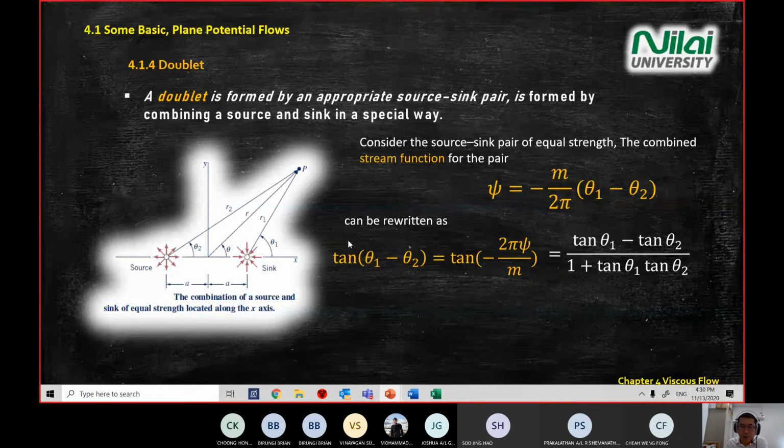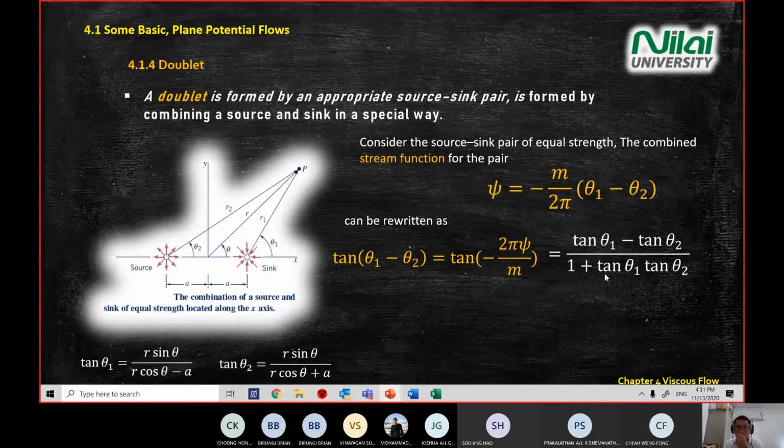Then if you refer to the trigonometry conversion or cheat sheet, tan of angle 1 minus angle 2 is given by this equation. This one is in the calculus chapter. Tan theta 1 minus tan theta 2 divided by 1 plus tan theta 1 tan theta 2. From here to here, on the left to the right, this is trigonometric conversion. Okay.